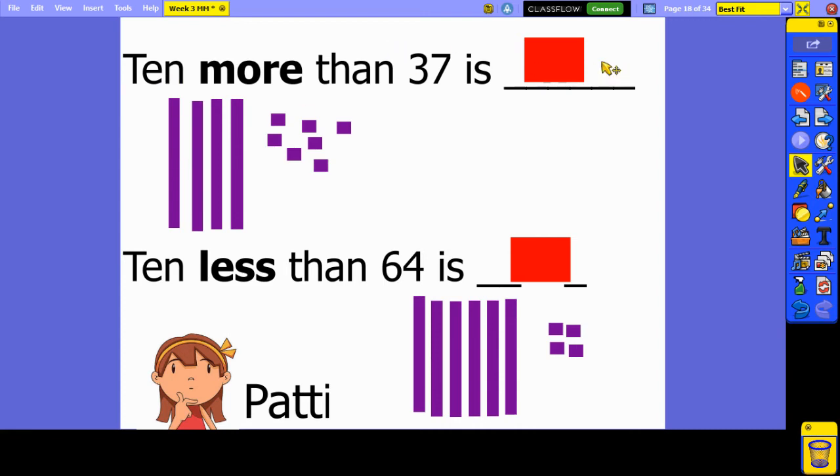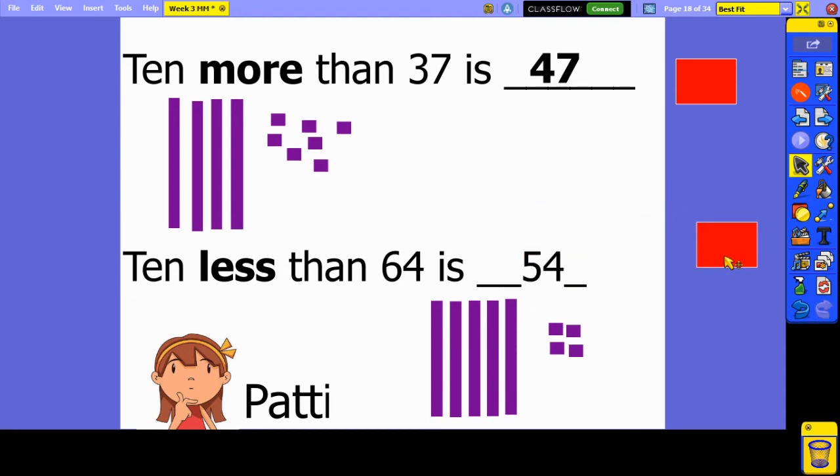So 10 more than 37 is 47. 10 less than 64. I'm only changing the 10s, so I won't touch my ones. 1 less than 6 is 5. So 10 less than 64 is 54.